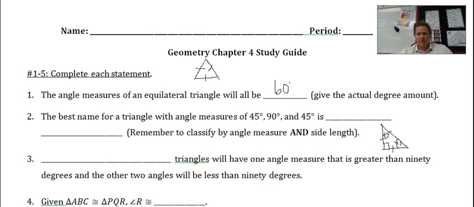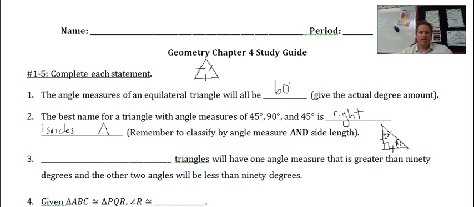So remember, this is a right isosceles triangle. Right, because it has a right angle, and isosceles because the two base angles are the same, which means the two legs right there are going to be the same as well.